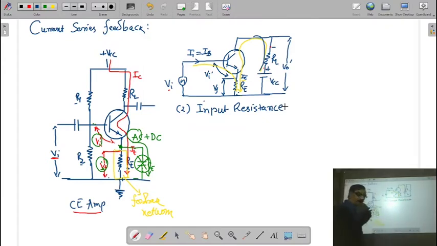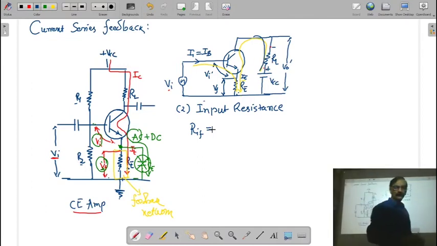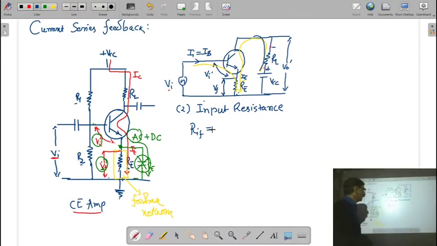Input resistance of a feedback amplifier we can define as RIF equal to, now according to Ohm's law, resistance is nothing but the ratio of a voltage to the current. So here my input voltage is VI and my input current is II. So it is the ratio of the input voltage to the input current.